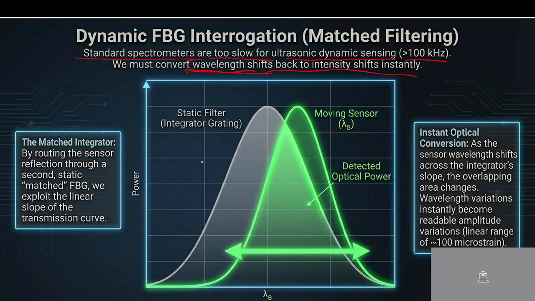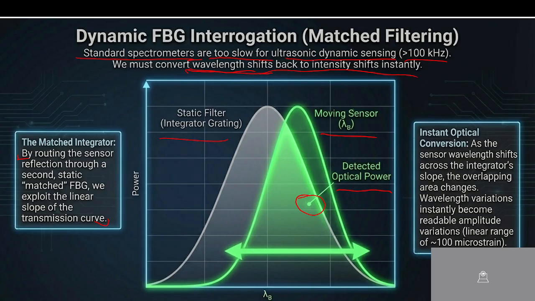We'll have this static filter integrator grating, and here you can see the detected optical power and the moving sensor lambda B. The matched interrogator: by routing the sensor reflection through a second static matched FBG, we exploit the linear slope of the transmission curve for instant optical conversion.